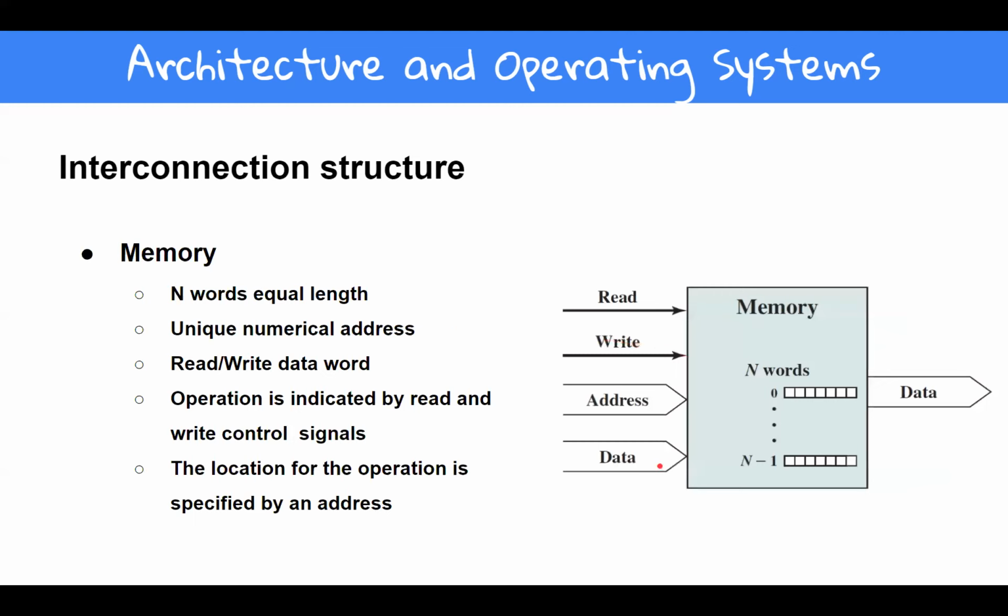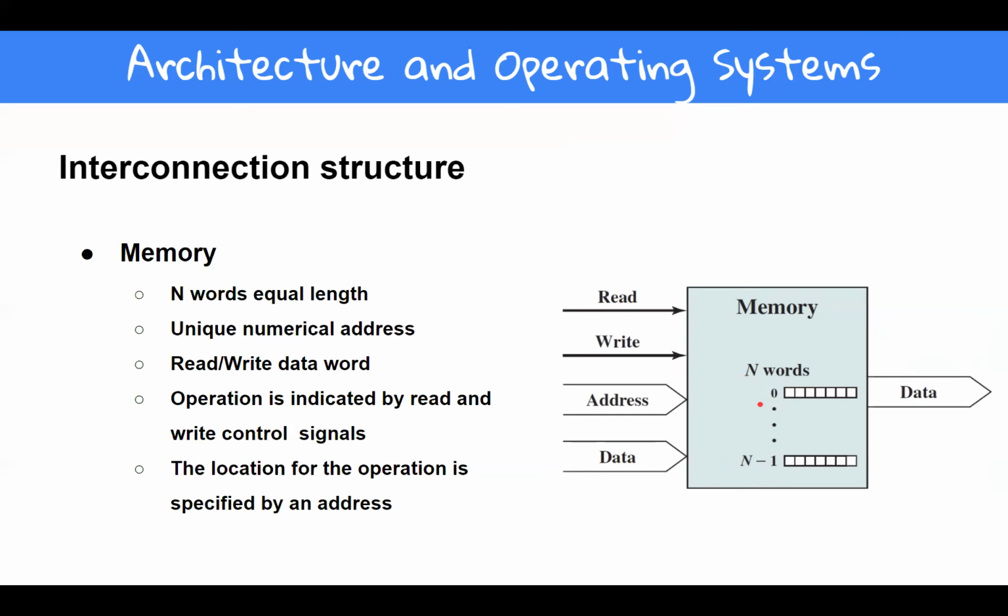Let's discuss memory first. Memory, as we discussed in the fetch execute cycle, consists of n words of equal length. So from 0 till, for example, 1000, whatever. In the IAS machine, we've got 1000 words. Each of them has a unique address.